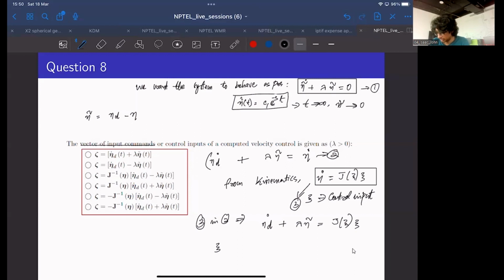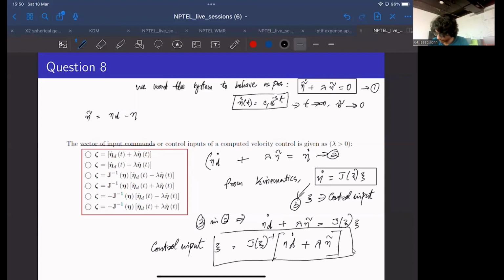The control input zeta would be J of psi inverse times eta desired dot plus lambda eta tilde. If we give this control input to a robotic system, it would behave as per this differential equation.